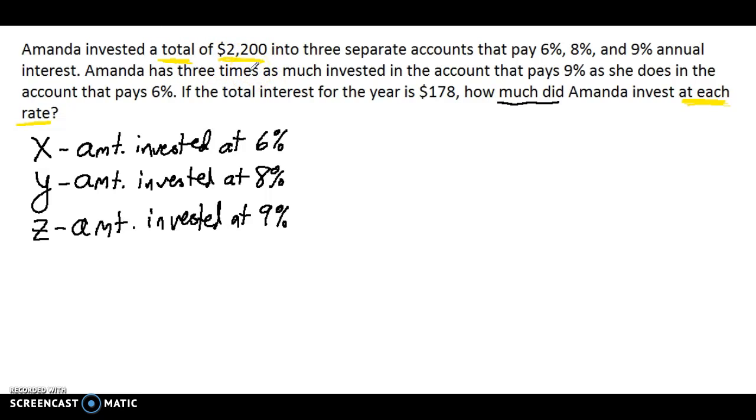The places where we invested it were the 6%, the 8%, and the 9% accounts. So if we add the amount invested at 6% plus the amount invested at 8% plus the amount invested at 9%, we should get the total amount invested, which was $2,200.